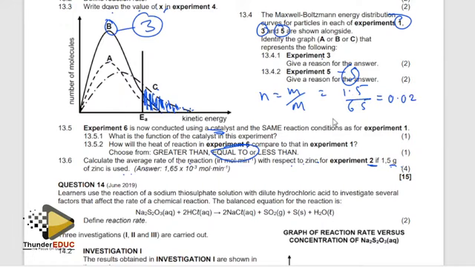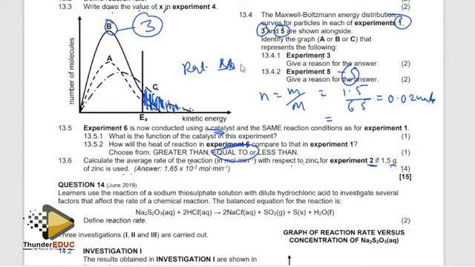And then after that, now I have the number of moles. These are the number of moles. So don't forget, the rate of reaction is the change in the number of moles over the change in time. So the change in the number of moles or change in the concentration.